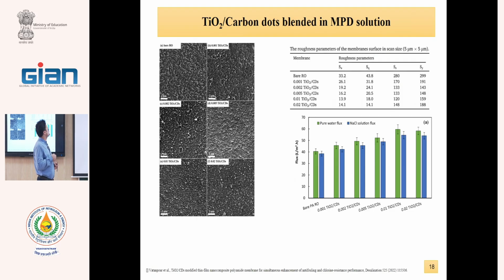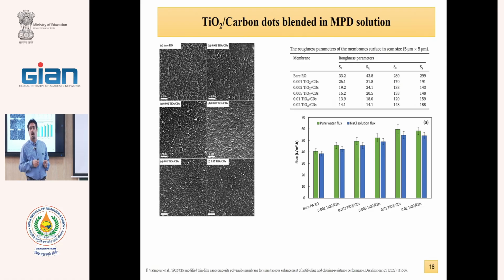For example, in this study, they use the coupling of titanium dioxide and carbon dot. If you see the literature, you will see that one inorganic nanoparticle is coupled with carbon-based nanomaterials. The reason is that the carbon-based nanomaterials, such as graphene, carbon nanotube, have a good dispersion in organic solvent.